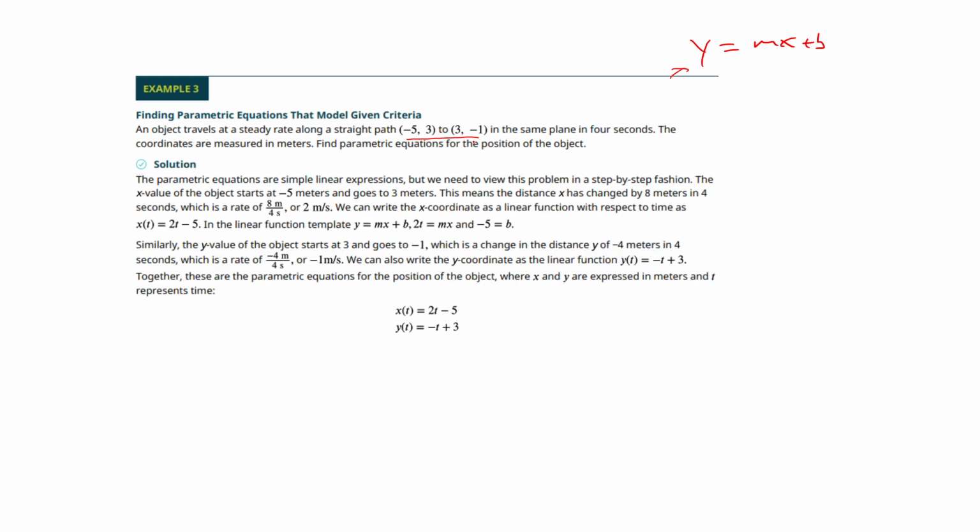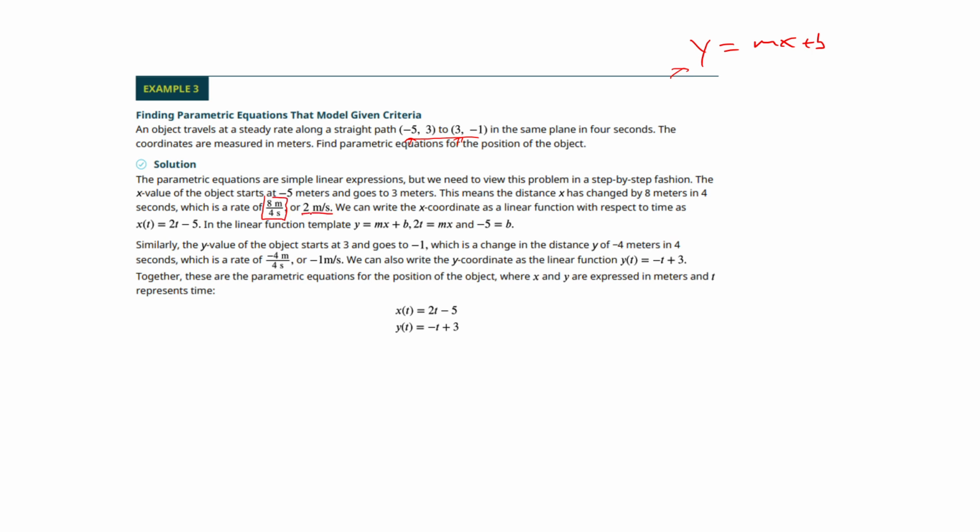Now, what they have done here, I'm just going to explain this to you. They found the changes that are taking place in the x direction with respect to time. So we went from -5 to 3 in 4 seconds. And so we're going to treat that as a slope with respect to time.